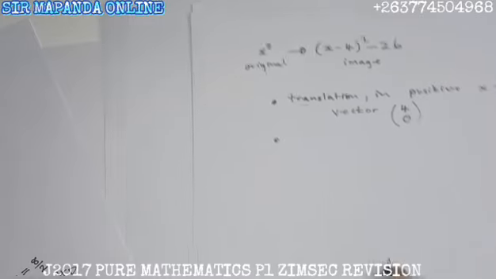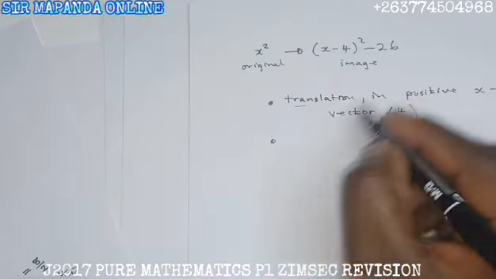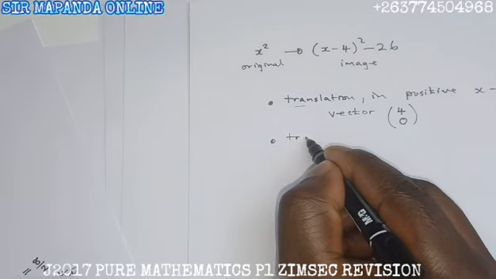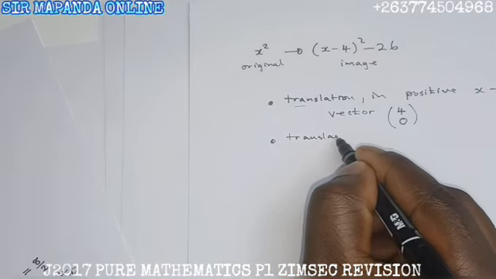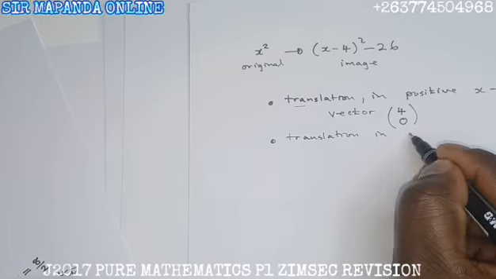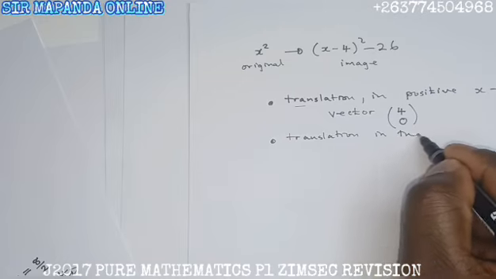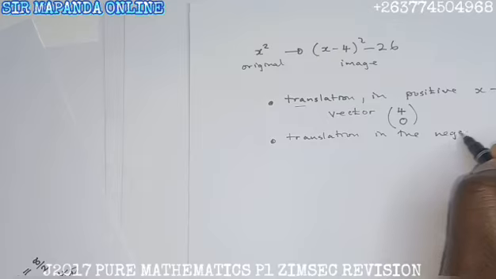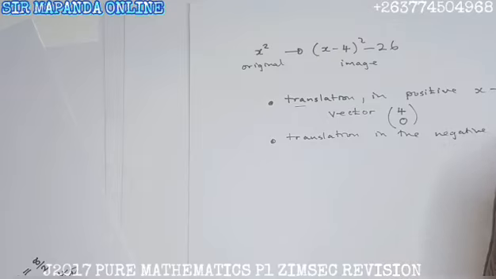Right. Then we have minus 26, which denotes translation in the negative y direction.